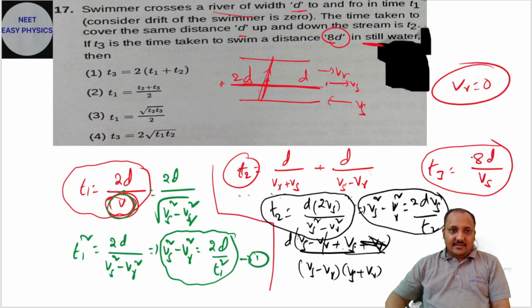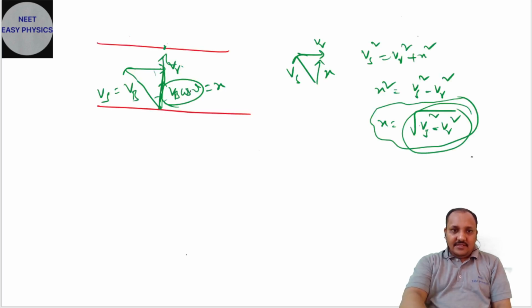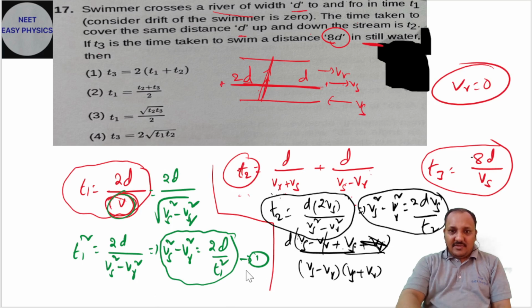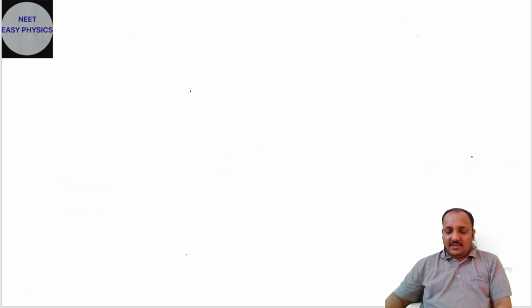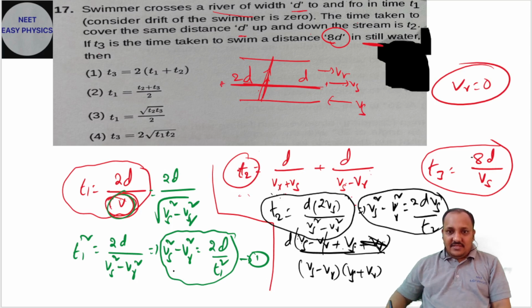Now see equation number 1: Vs square minus Vr square equal to 4d square by t1 square, correct? This equation we wrote.